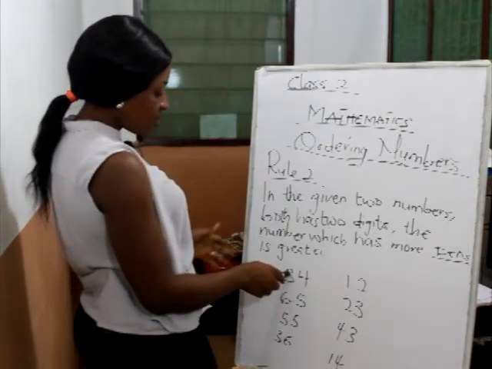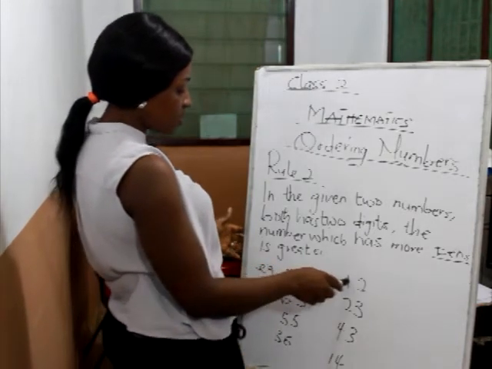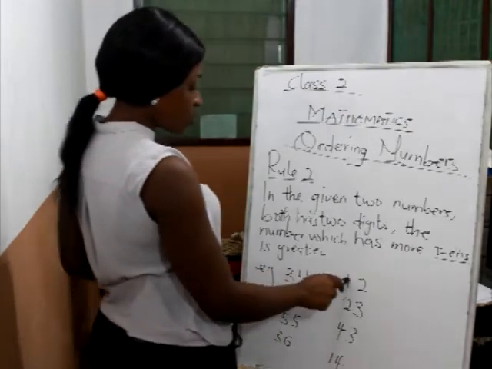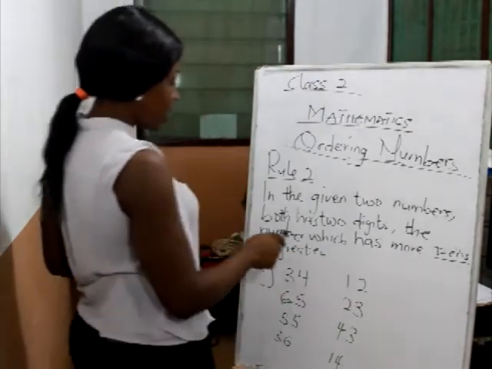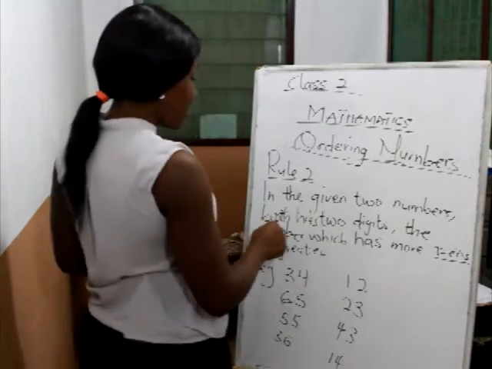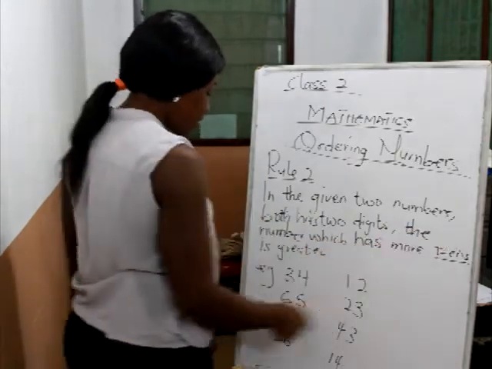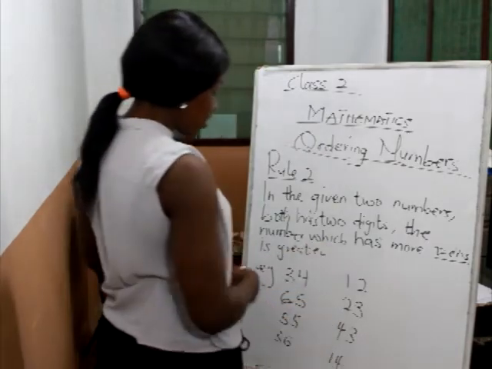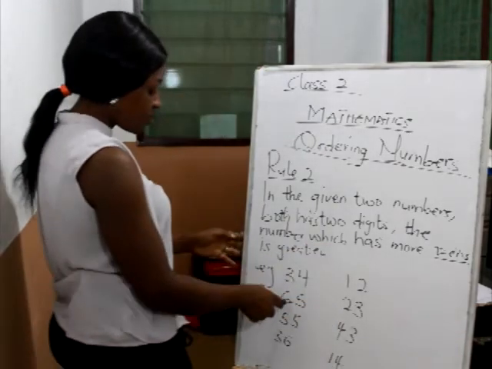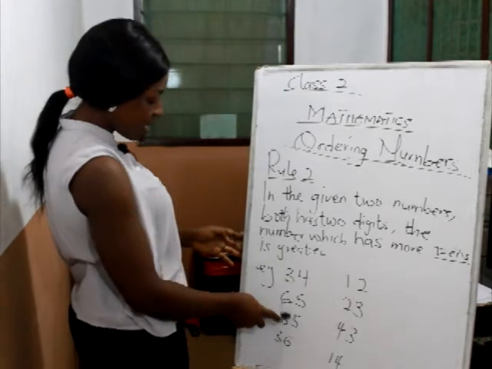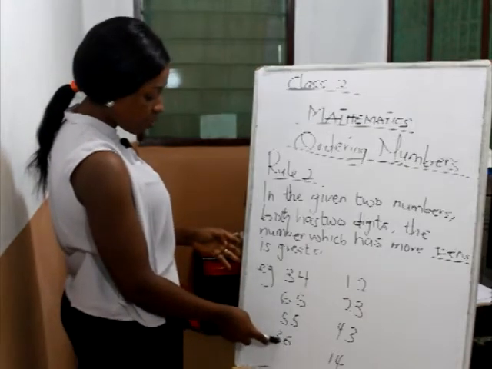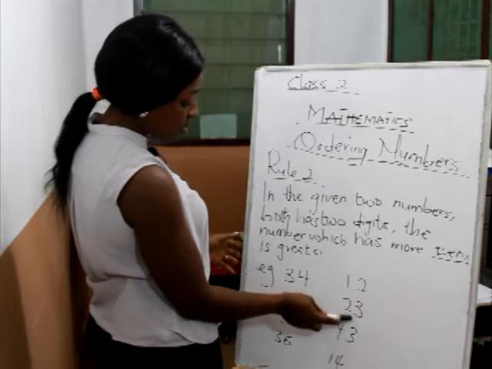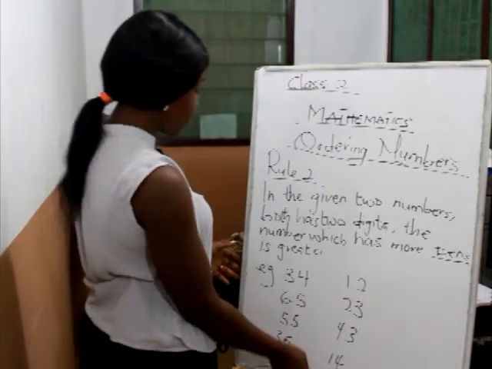The first we have 34 and 12. You see, this has 2 digit number, this also has 2 digit number, but the rule is saying the number which has more tens. So these are our tens. The first numbers are our tens. 3 is 10, 6 is 10, 5 is 10, 3 is 10, 1 is 10, 2 is 10, 4 is 10, 1 is 10.